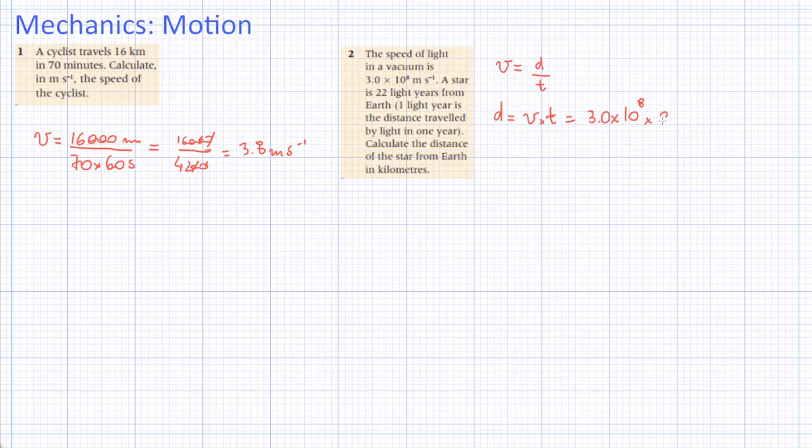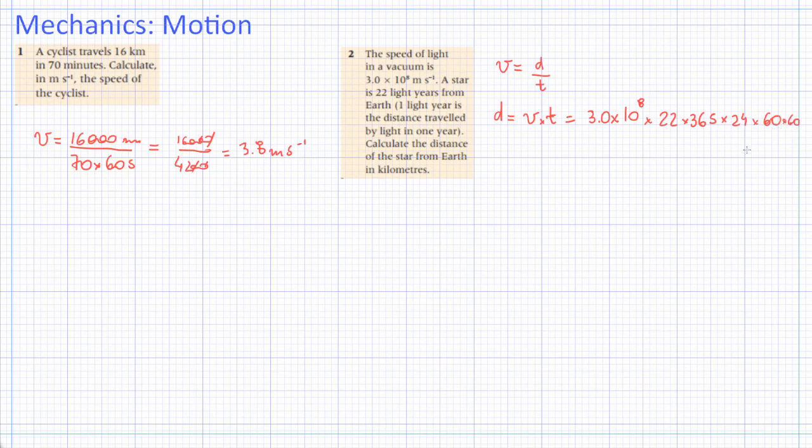So 22 times, I've got 365 days in a year, 24 hours in a day, 60 minutes in an hour, and 60 seconds in a minute.